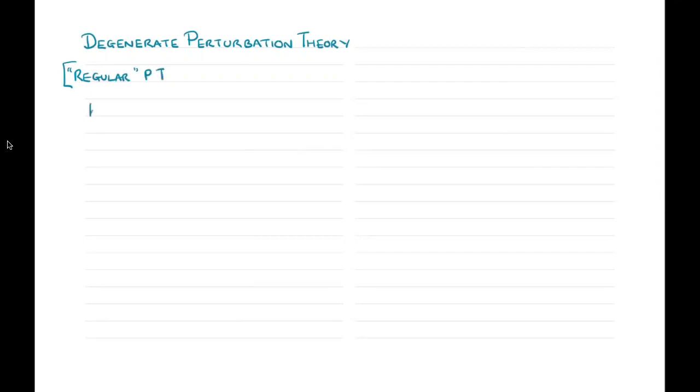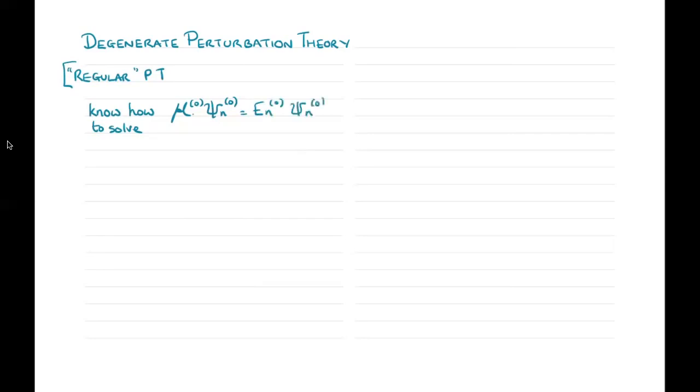which we use when we know how to solve a Schrödinger equation for some zeroth order Hamiltonian to obtain the zeroth order wave functions and their energies.